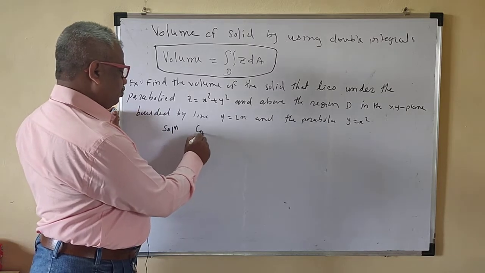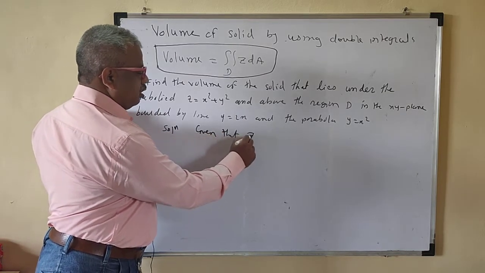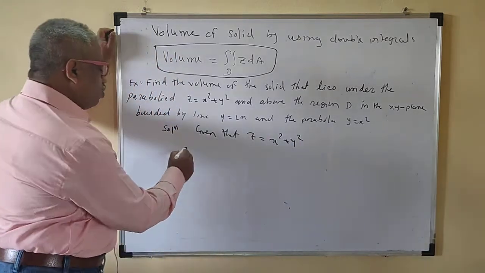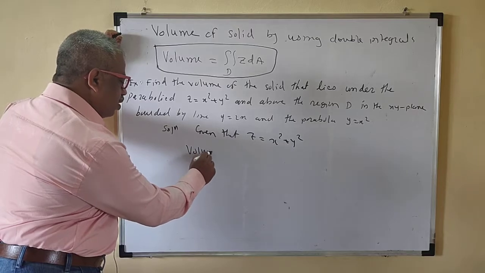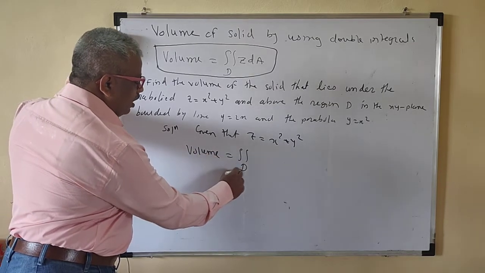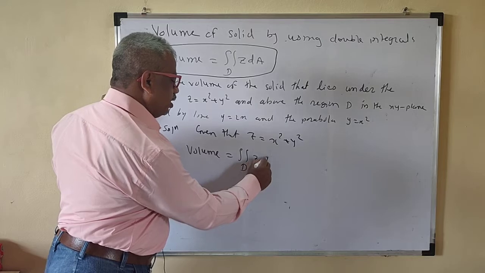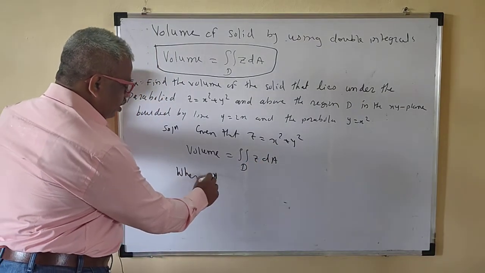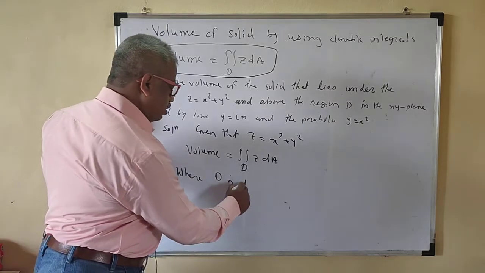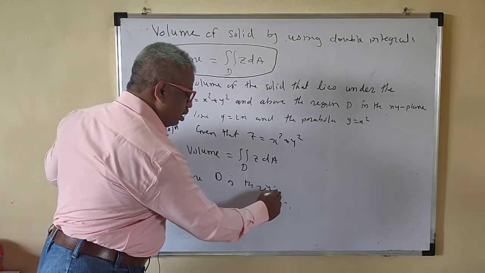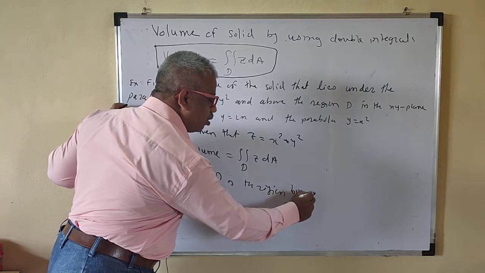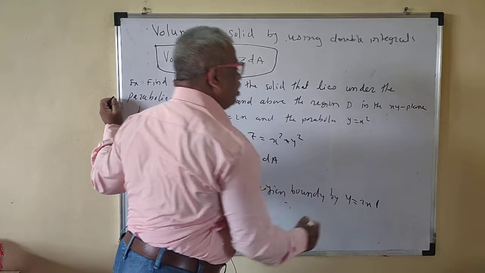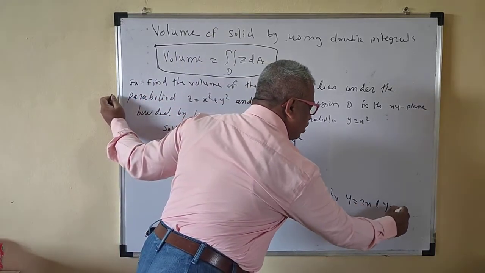Given that z is equal to x square plus y square. We write the formula for volume: volume is equal to the double integral over D of z dA, where D is the region bounded by y is equal to twice x and y is equal to x square.